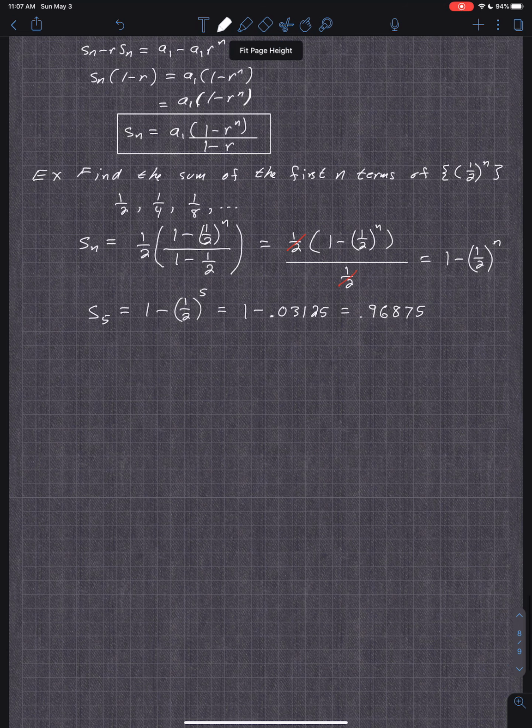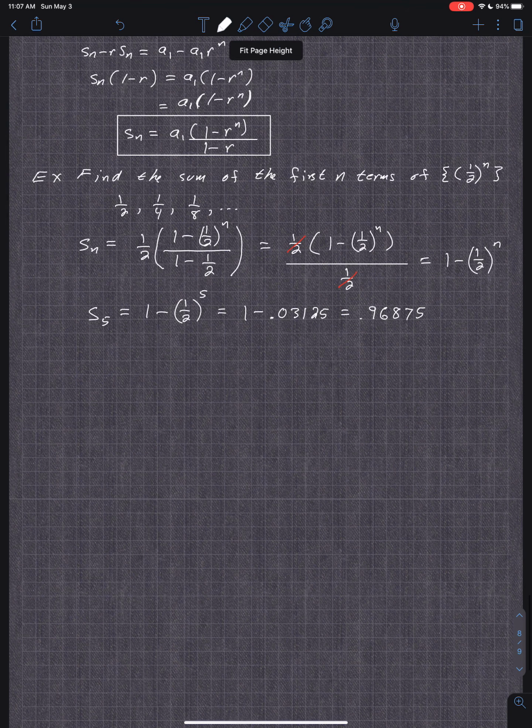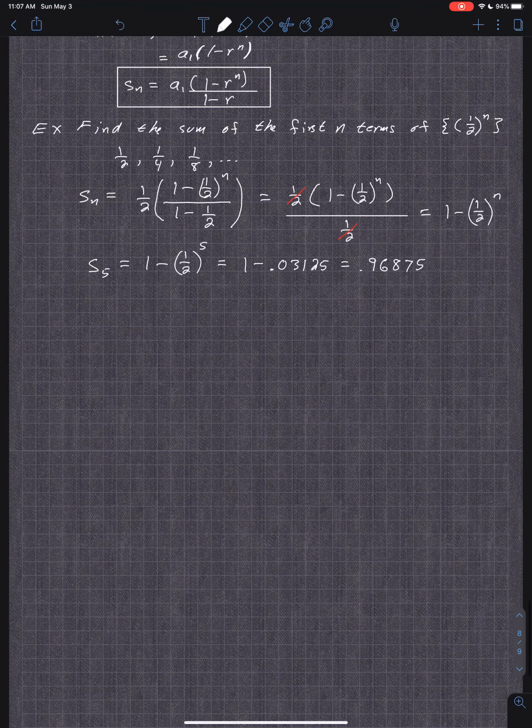So what's going to happen as you add more and more terms to the sequence? If you look at S10, S100, S1000, what's going to happen to this thing? Well, 1/2 to the n is going to get small, right? If you keep raising a half to a power, you keep multiplying by a half.